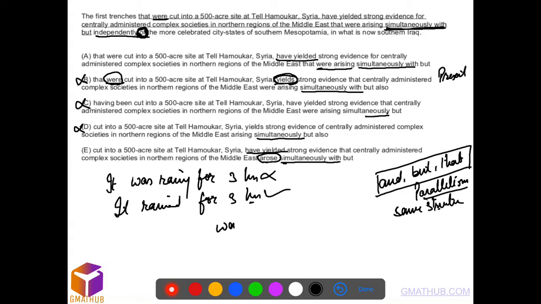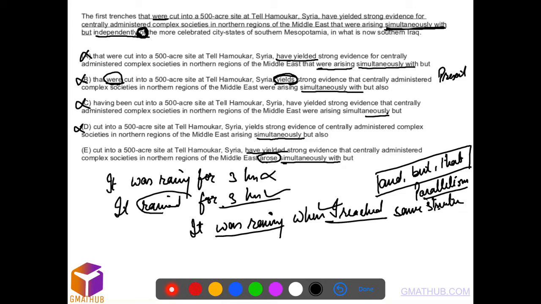Was raining cannot be used for a duration. It can only be used for a moment, like it was raining when I reached. Reaching there is a moment, not a duration. So was raining is correct only if it is a moment. If it is a duration, rained is the better usage. That's the answer.